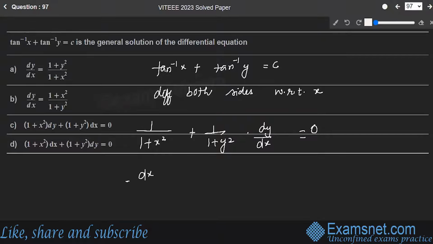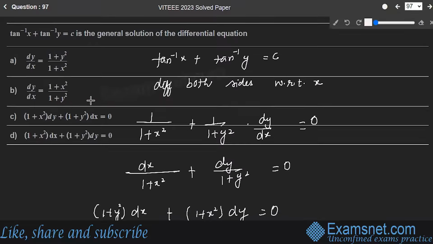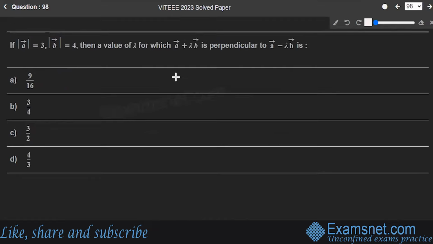Or you will say dx upon 1 plus x square plus dy upon 1 plus y square is equal to 0. Or with this, dx plus (1 plus x square) dy is equal to 0, which is option C. Hope you got that.